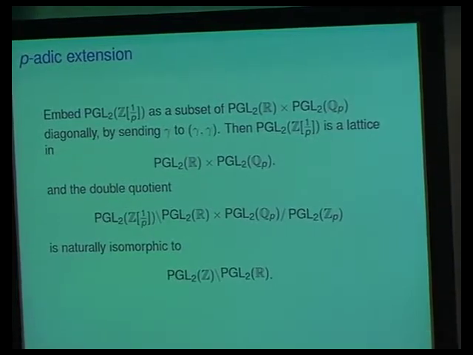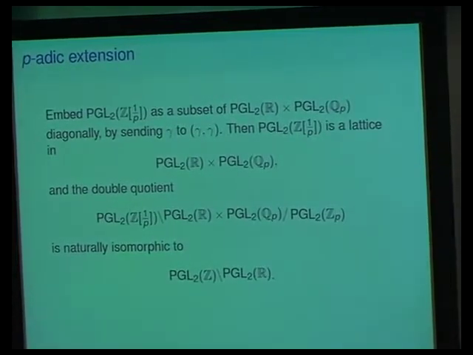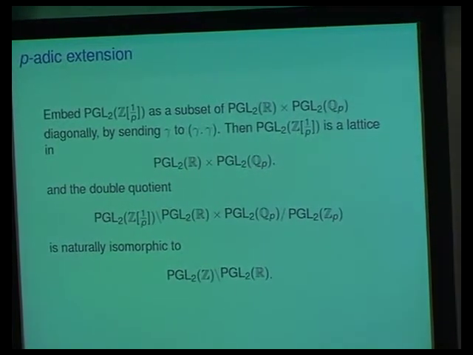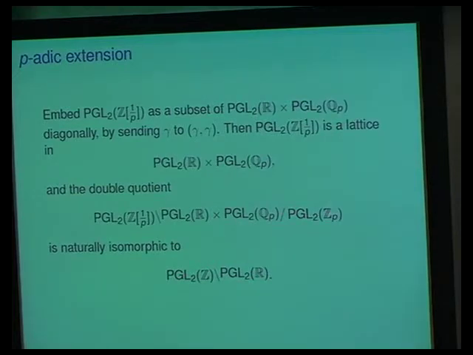A dynamicist always wants a non-compact group acting, because if a compact group is acting, it's too easy and not useful somehow. So here one has hopes that an arithmetic quantum limit has properties with respect to this p-adic group, which is a big group acting, not quite on the unit tangent bundle of the modular surface, but on a slight extension of that space where you don't quotient out by PGL2(Z_p).